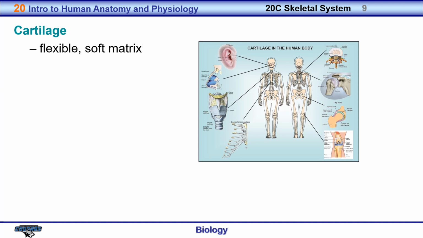Now, the cartilage usually doesn't contain blood vessels, and so that makes it a little bit harder to heal, often requiring surgery if it becomes damaged. So it doesn't have blood vessels. The word, remember, for tissue that doesn't have blood vessels is avascular.